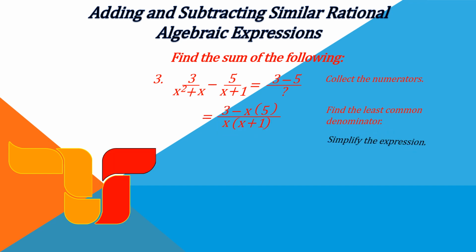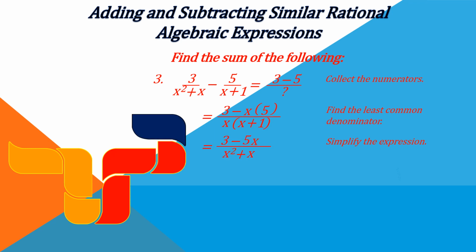And simplifying the expression, we have equal to 3 minus 5x over x squared plus x. And since we have one term with variables and one constant, this is now our final answer.